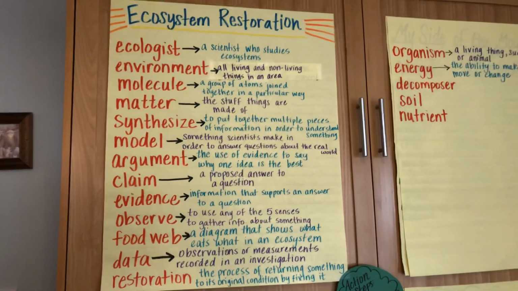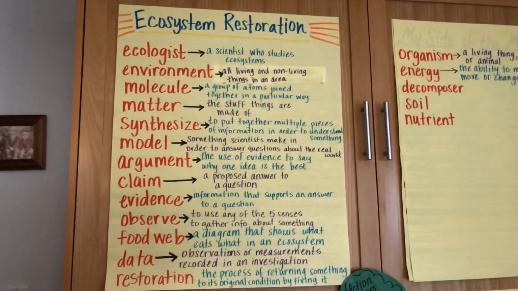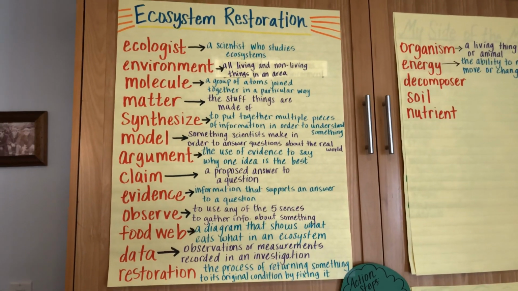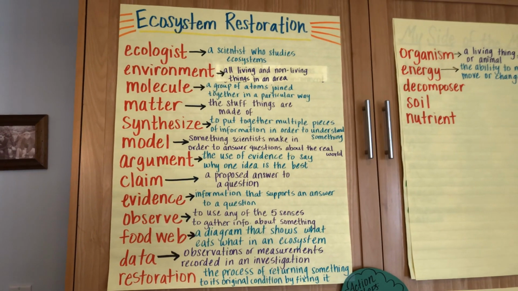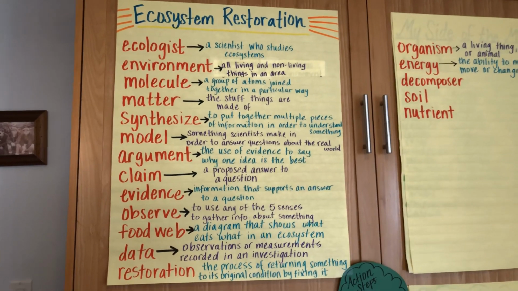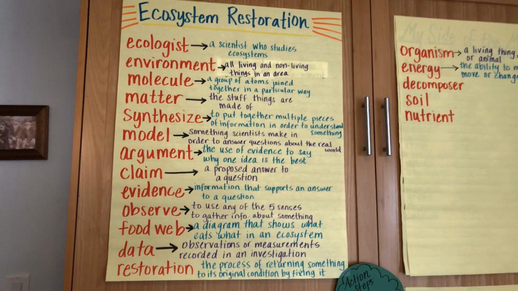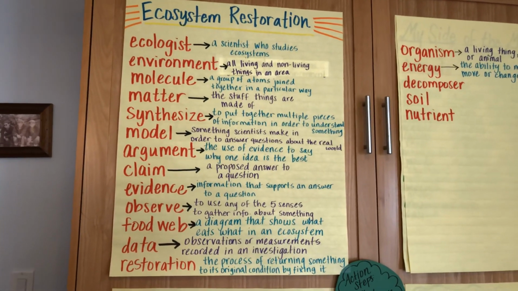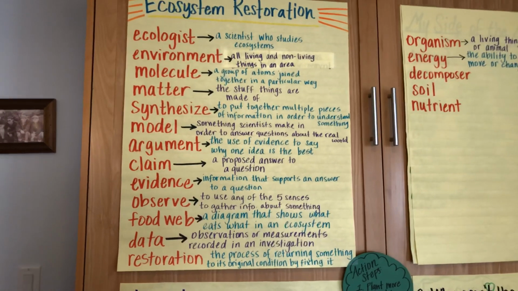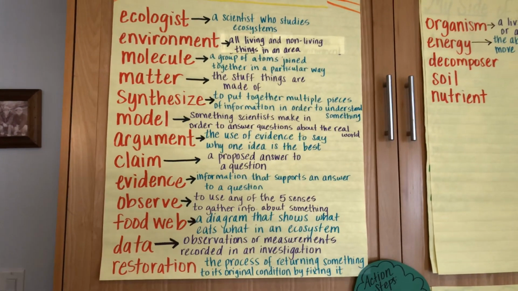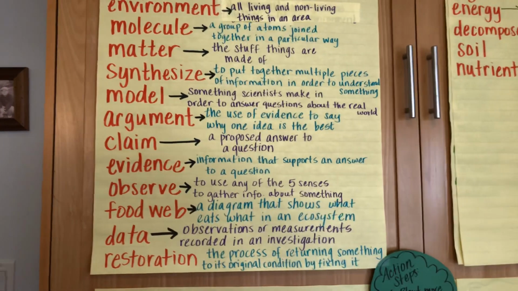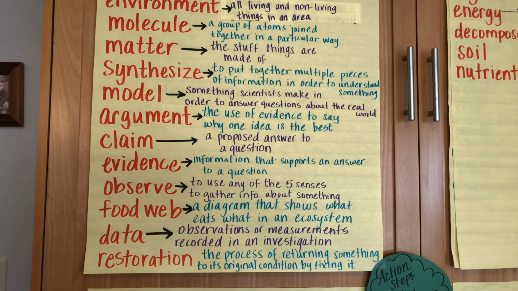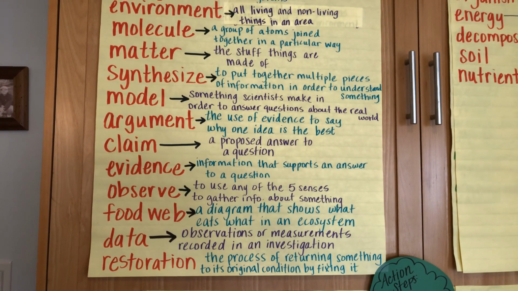We've also been looking at arguments, so the use of evidence to say why one idea is the best. And we've been looking at claims, which is a proposed answer to a question, and how any claim should be backed up with evidence or information that supports an answer to a question. We've been observing using our 5 senses to gather information. We've talked about food webs. A food web is a diagram that shows what eats what in an ecosystem.